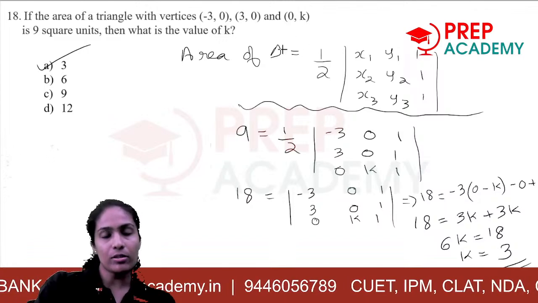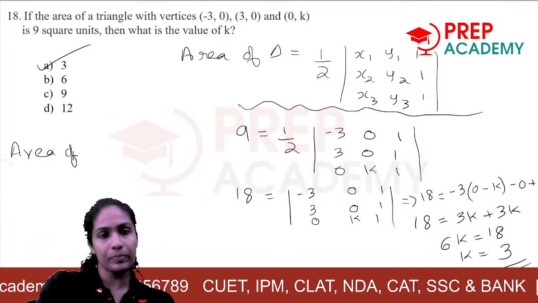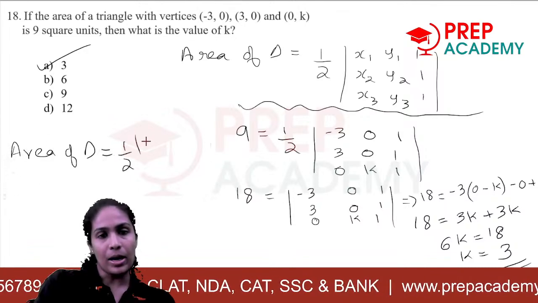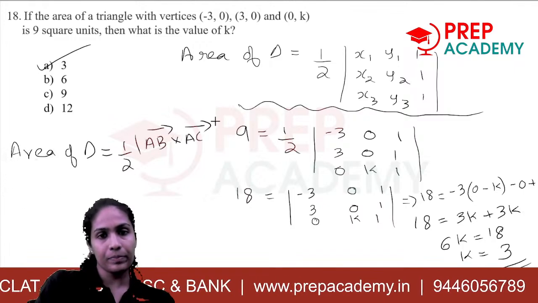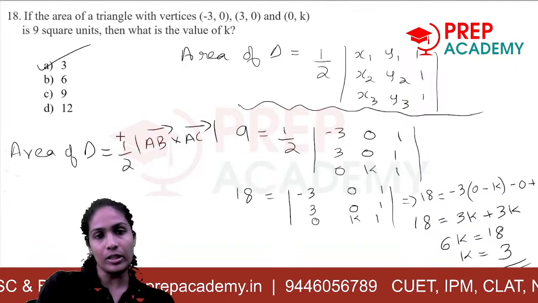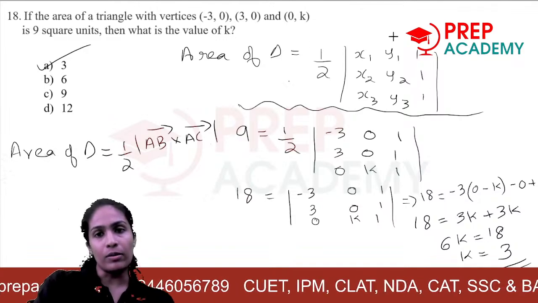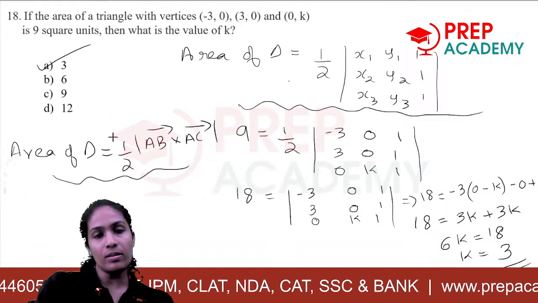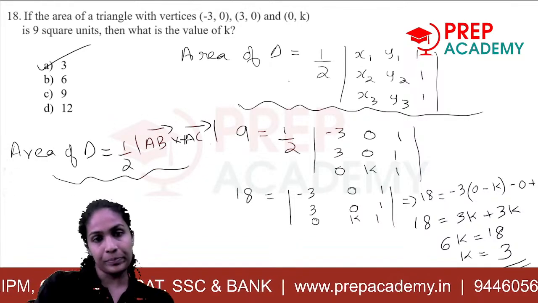If the vector equations of the sides of a triangle are given, then the area of the triangle is equal to half into the magnitude of AB cross AC. If the vertices are given, then you can use the determinant formula. The formula for vectors is 1 by 2 into the magnitude of AB cross AC.